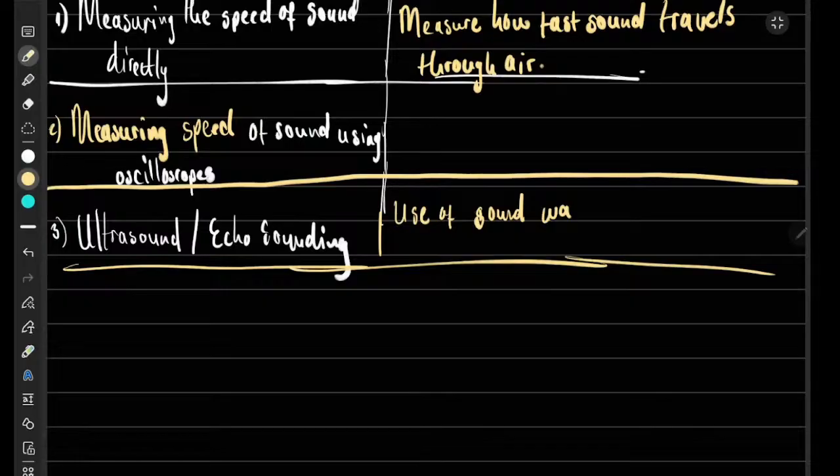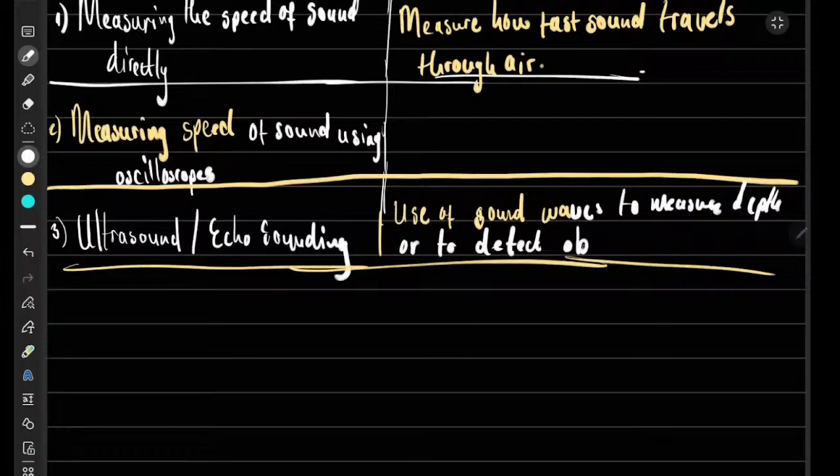Use of sound waves to measure depth or to detect objects in water. You're going to look for something that sound will hit, either the bottom of the sea or whatever, or you're going to be checking for an object which is in the water.